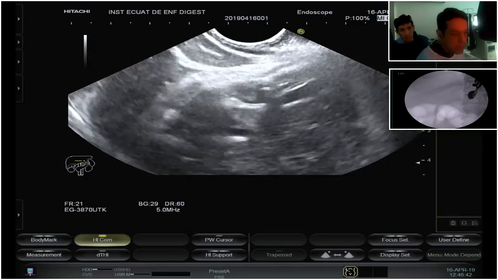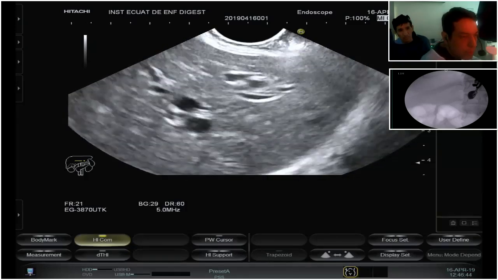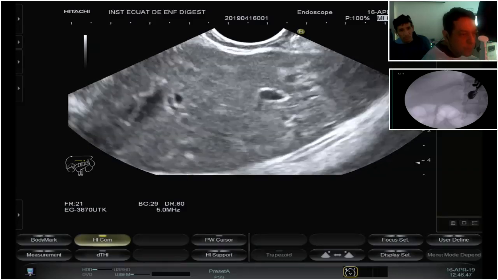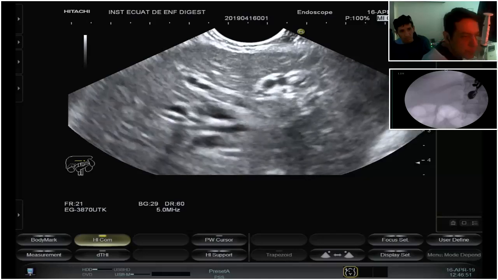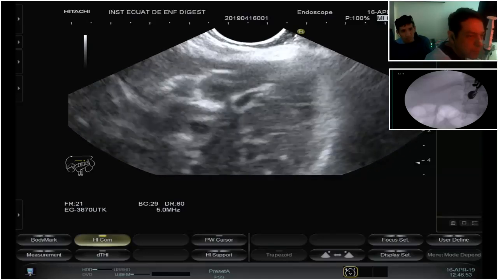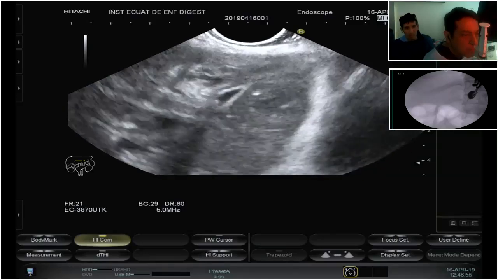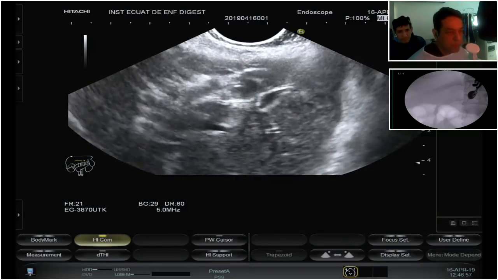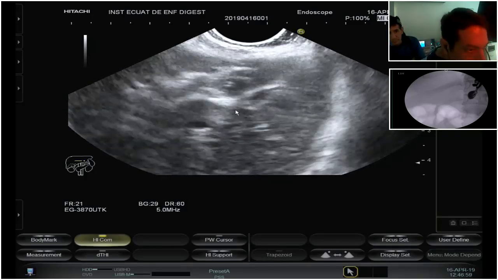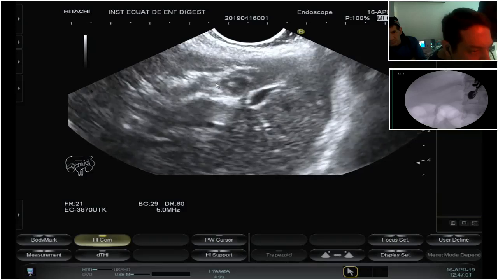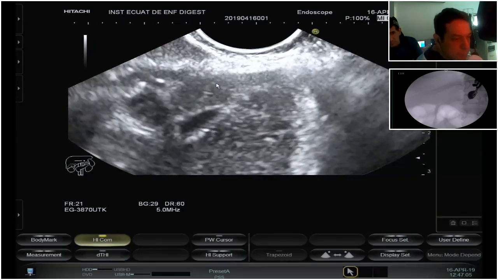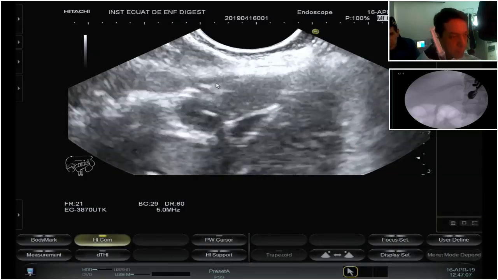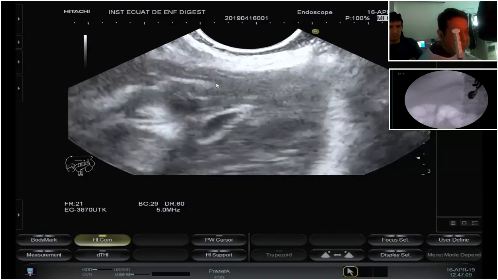Okay. So I will try to reach another dilated duct. You can see here this is air. So I will try to reach there.